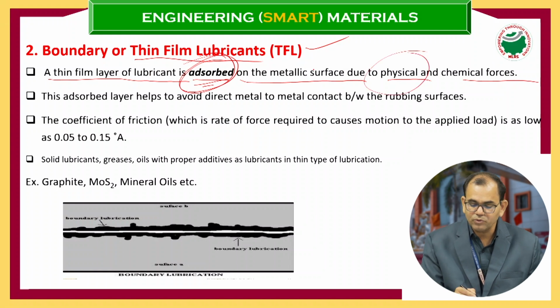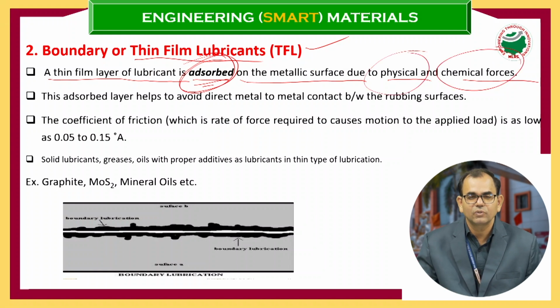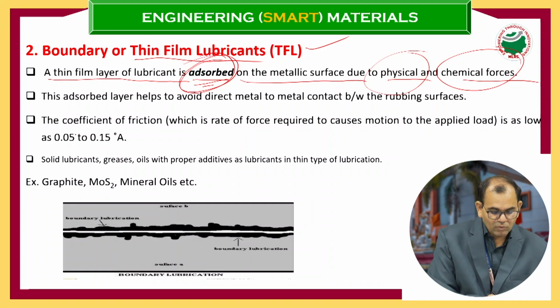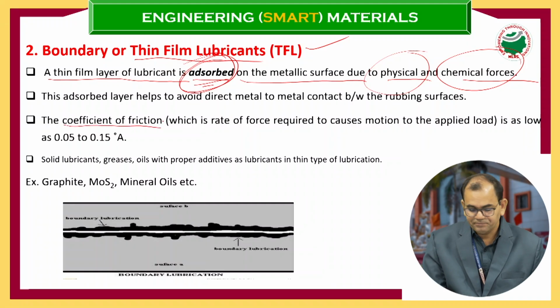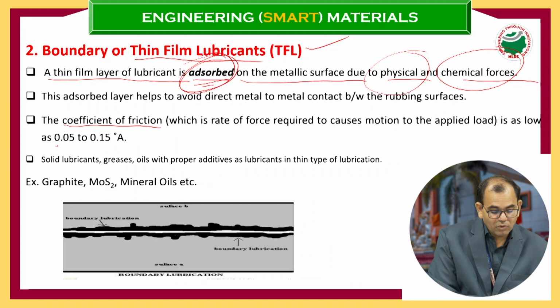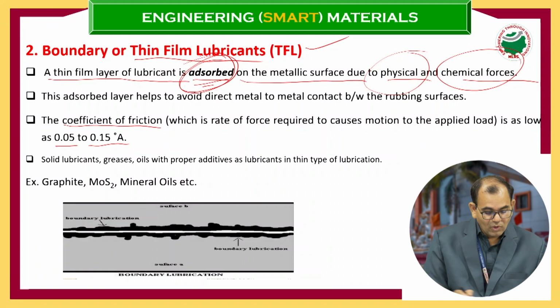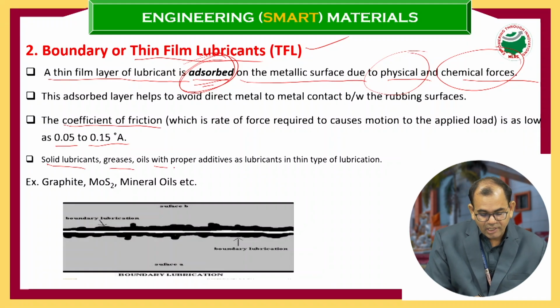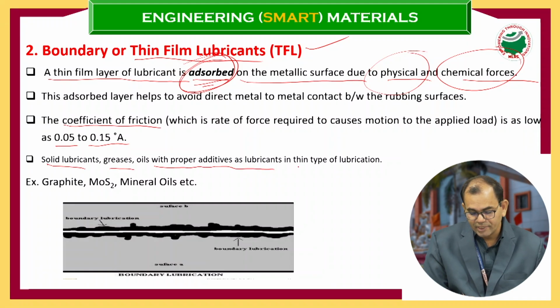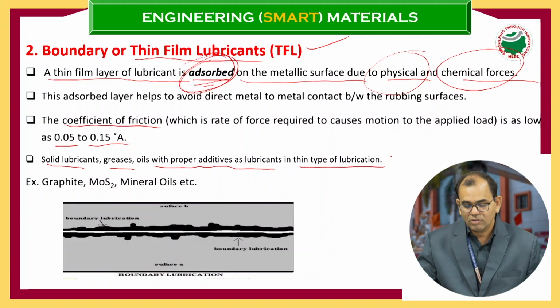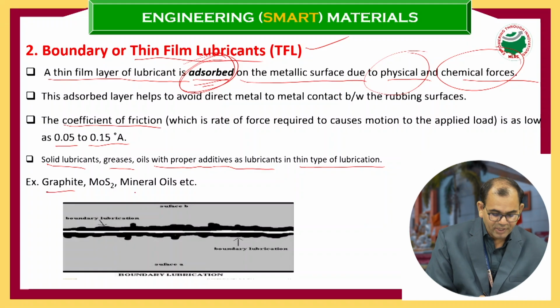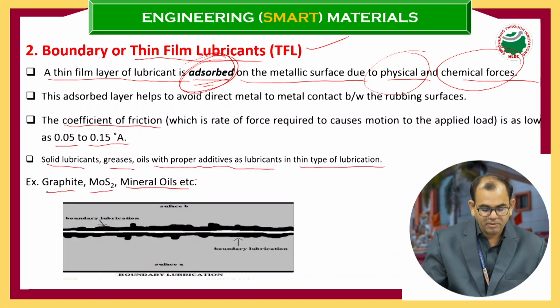It happens through physical and chemical forces only. Okay. Now, what is the coefficient of friction? It is as low as 0.05 to 0.15. And now, solid lubricants, grease, and oil with proper additives are used as lubricants in the thin film lubrication mechanism. What are the examples? Graphite, molybdenum disulfide and mineral oils.